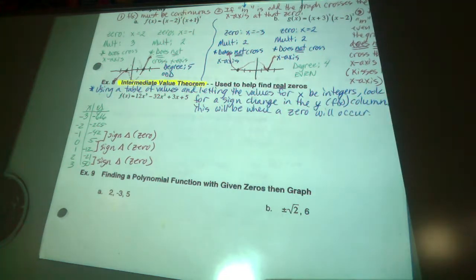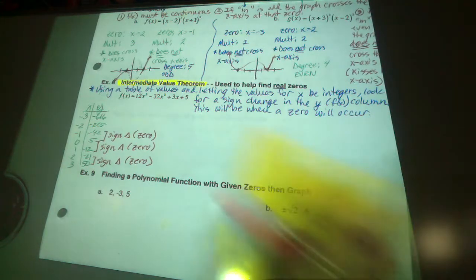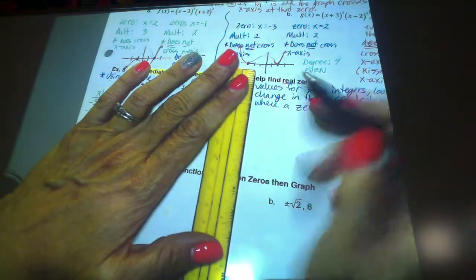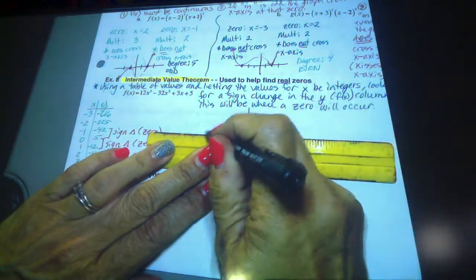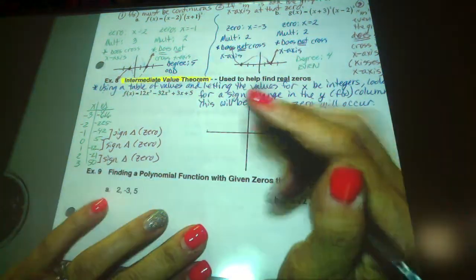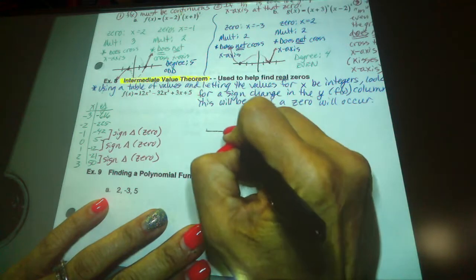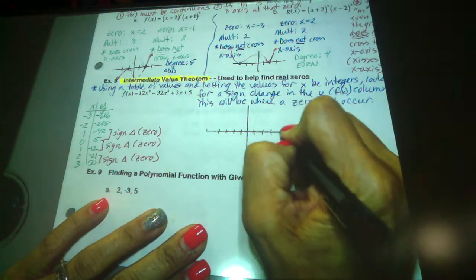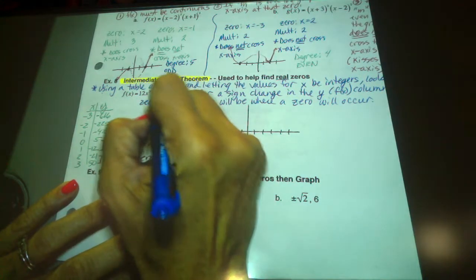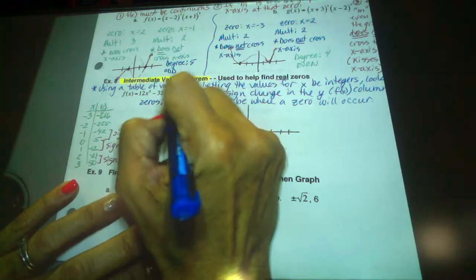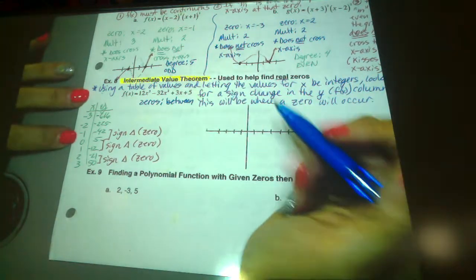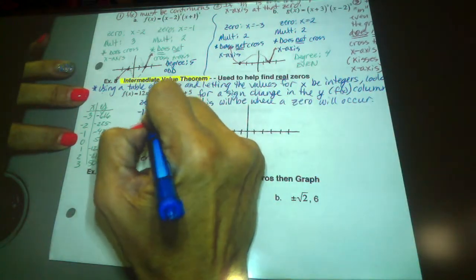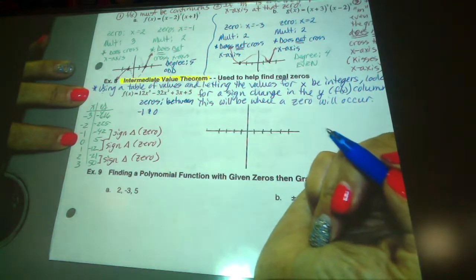So then from here I could sketch my graph. Never mind that we just saw it. From here I can sketch my graph. So I know that I have a 0, and my zeros are between, because I can't say what they are exactly, but I know that they're between negative 1 and 0, that's 1 zero.